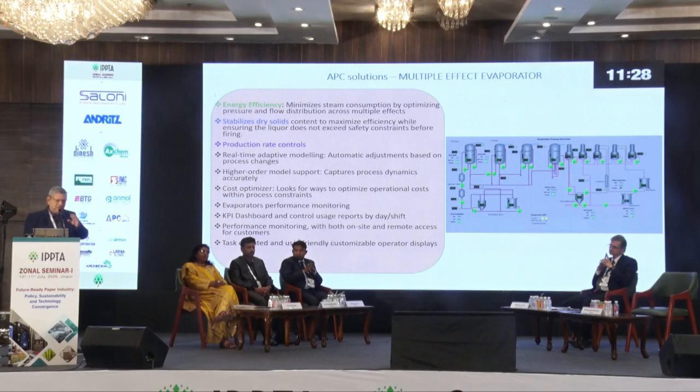I have taken very important points to stress where we have to focus. Then the production rate control. If these three things are done, then the chemical recovery is automatically taken care of. That is from the evaporator point of view. Then it goes to the recovery boiler.